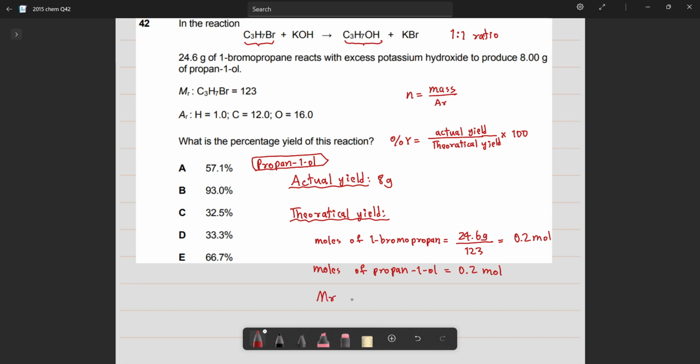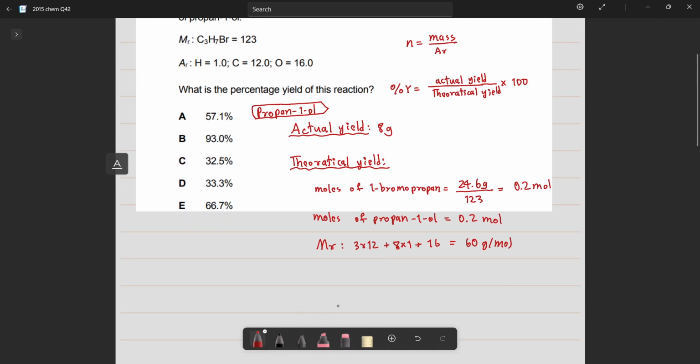The Mr for propan-1-ol is 3 times 12 plus 7 hydrogens, 7 times 1. Oh, sorry, it's 8 since we have OH, so we add that. And then plus one oxygen, so that's 16. So this will give us a total of 60 grams per mole.